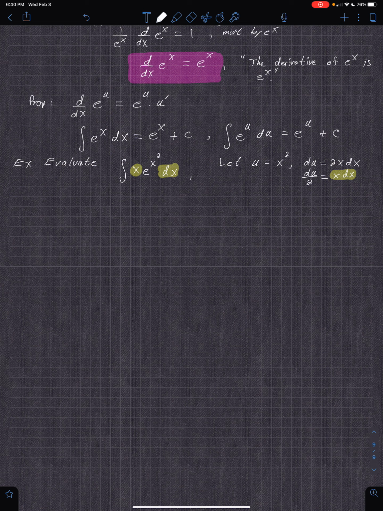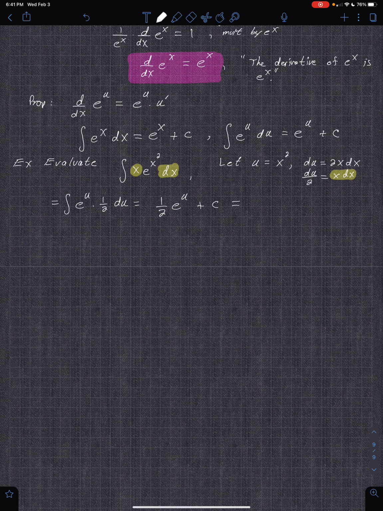So that's equal to the integral of e to the u times 1/2 du. So integral of e is just e. So you get 1/2 e to the u plus c.